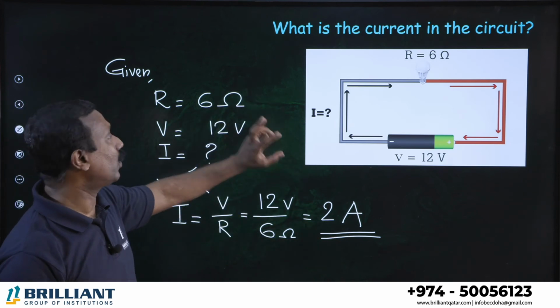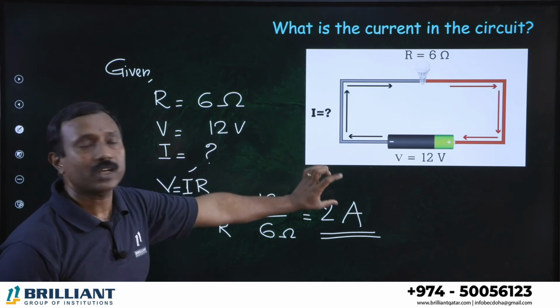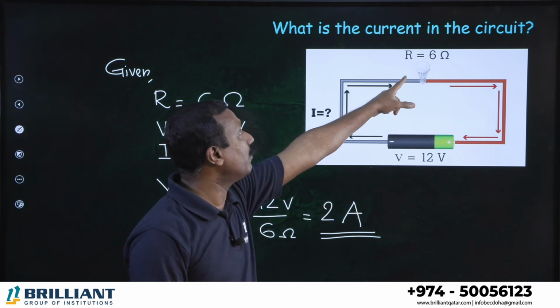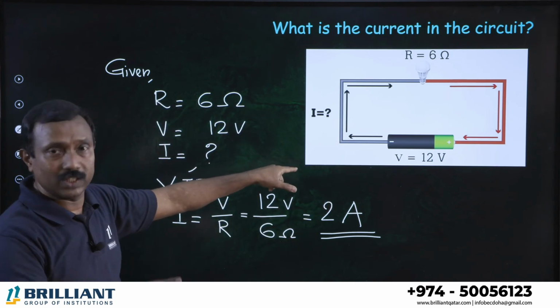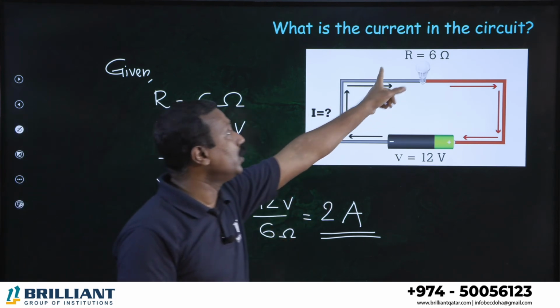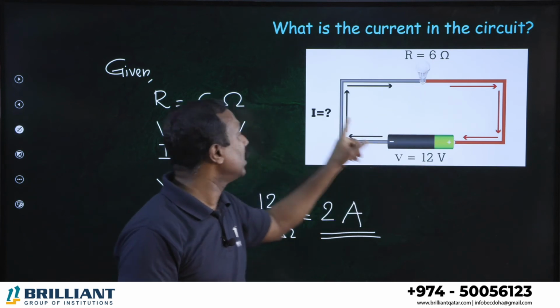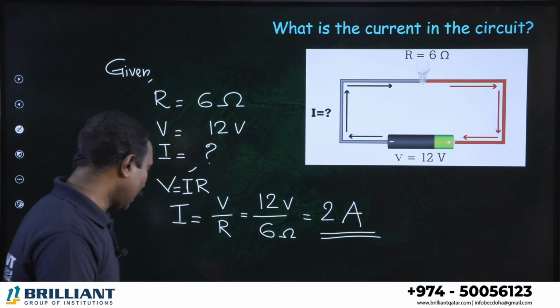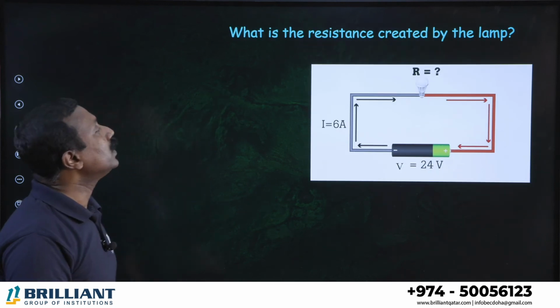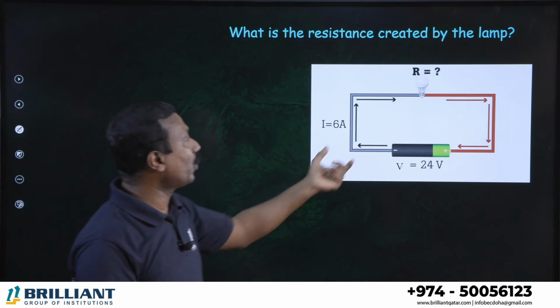In the first question, we found the potential difference by using the values of resistance and current. In the second question, by using the value of resistance and the potential difference, we found the value of current. Now, I will give you one more question. In this question, see what we want to find out.